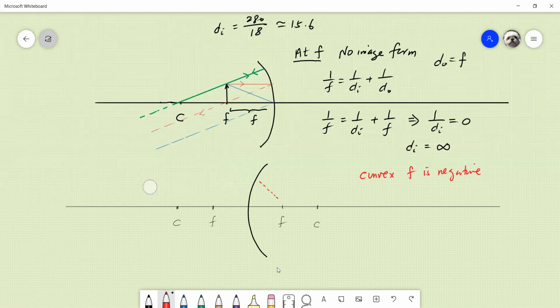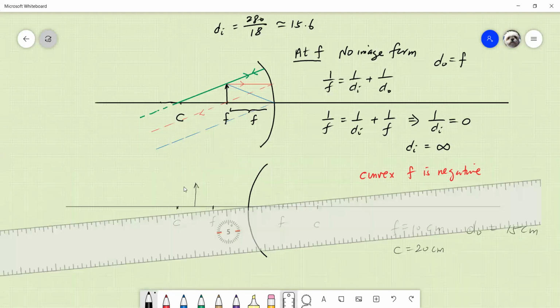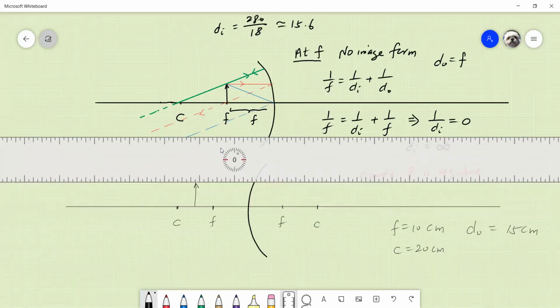Okay, now I'm going to show you a drawing, and then I'm going to stop. Let's say I put my object here. Let's say F is 10 centimeters, C is 20 centimeters, and my DO looks like 15 centimeters. Now I'm going to send the light coming in parallel.